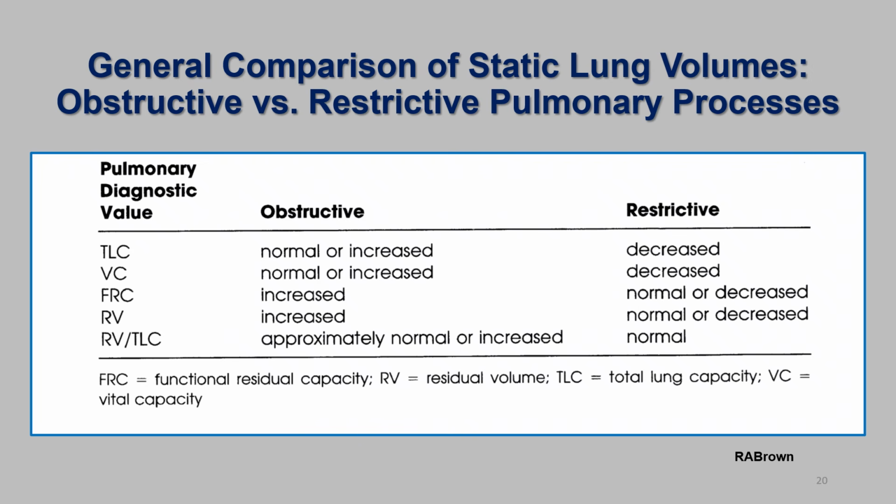Additionally, when there's a reduction in FVC and no evidence of airflow limitation, this suspected restrictive defect needs to be confirmed by measuring total lung capacity. Lung volume measurements are designed to determine the presence or absence of a disorder and, if an abnormality exists, to quantify the extent of the abnormality.